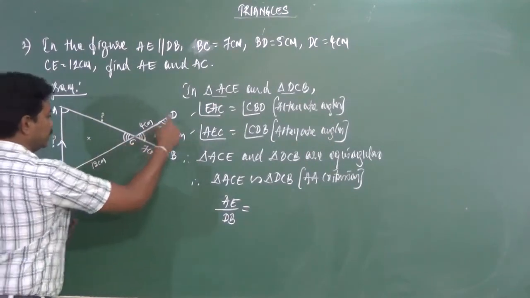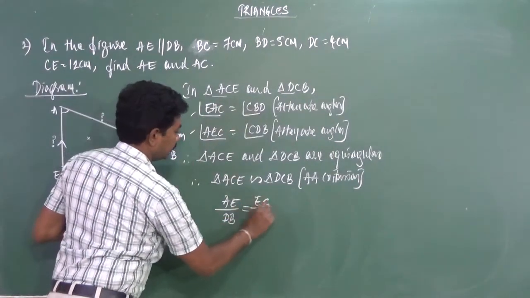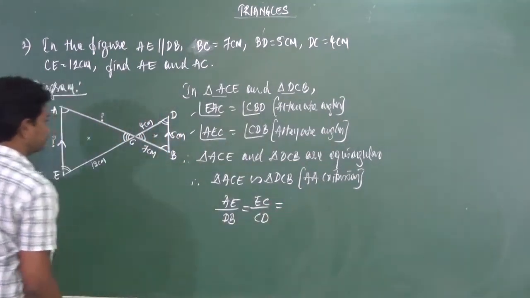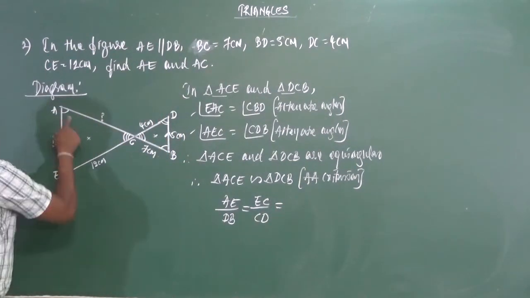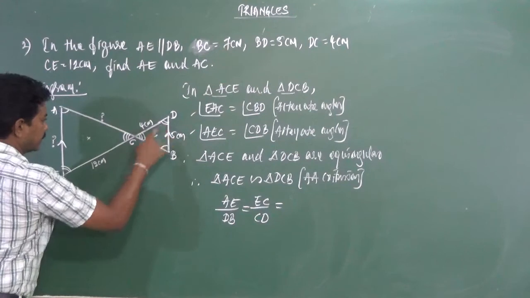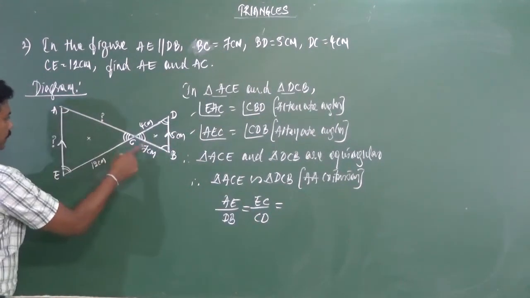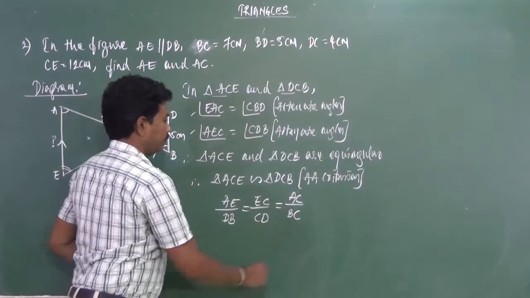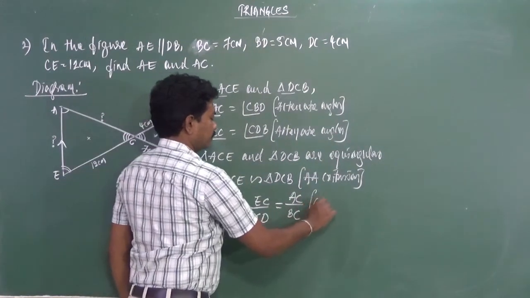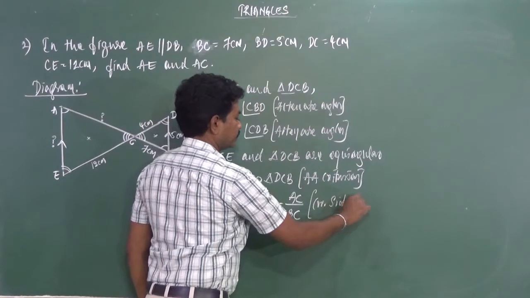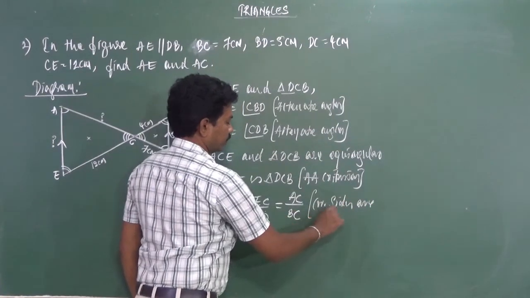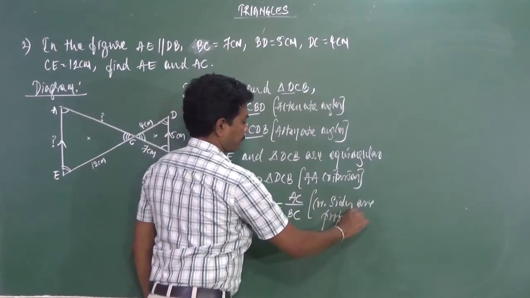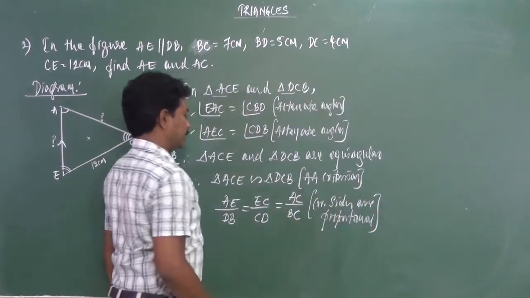So EC by CD is equal to, for the second angle, the opposite side is AC, and in the other triangle BC. So AC by BC. The reason is corresponding sides are proportional.